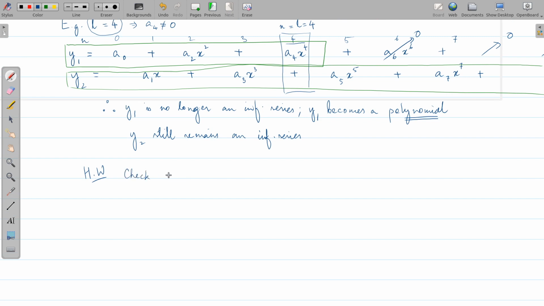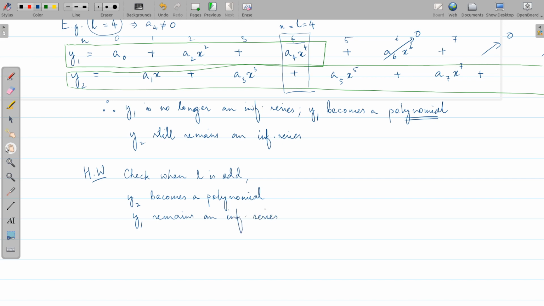You need to check that when L is odd, then it is y2 which becomes a polynomial, and y1 still remains an infinite series.